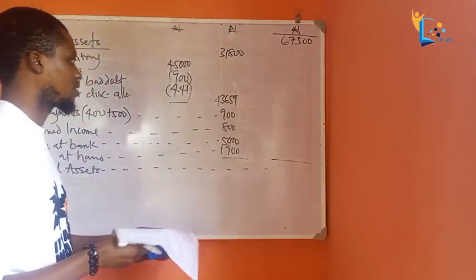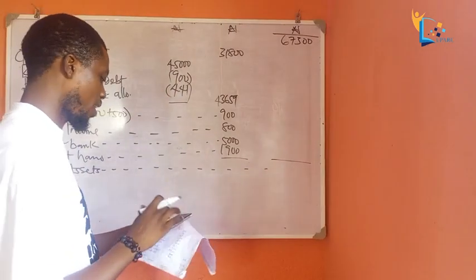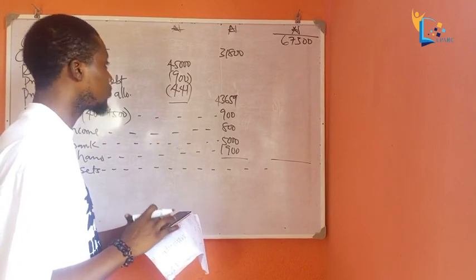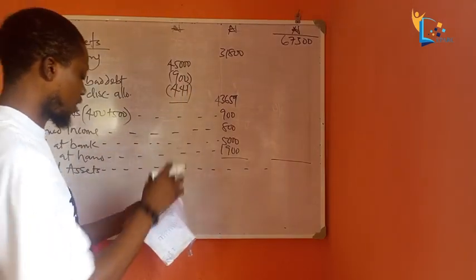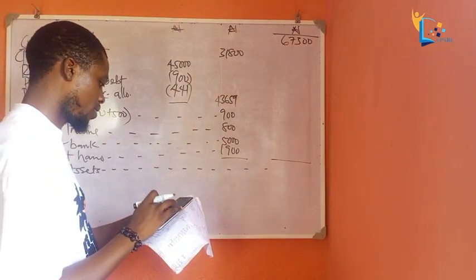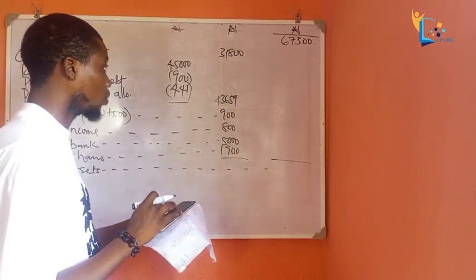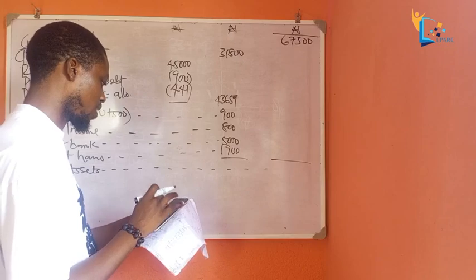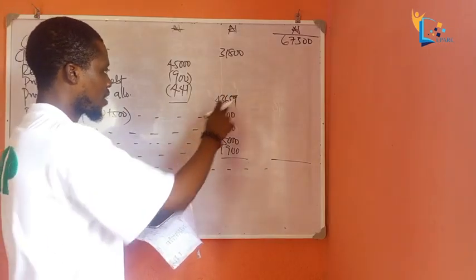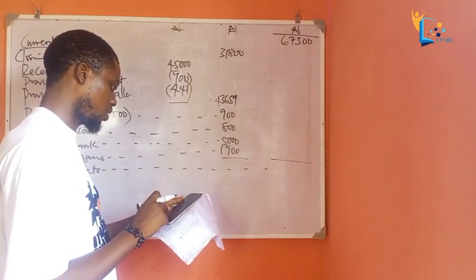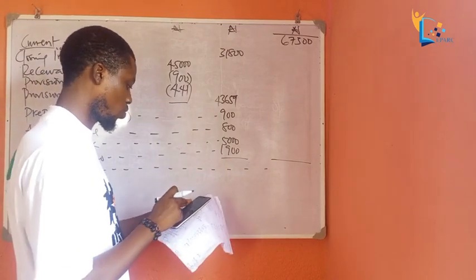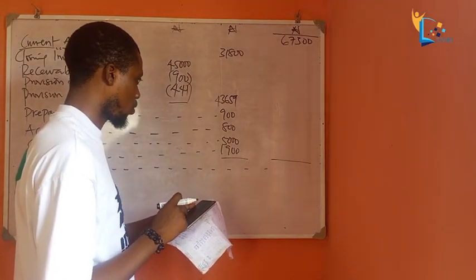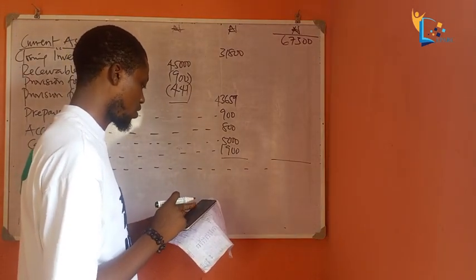So let's add together. We have 31,800 plus 43,659 plus 900 plus 800 plus 5,000 plus 1,900.